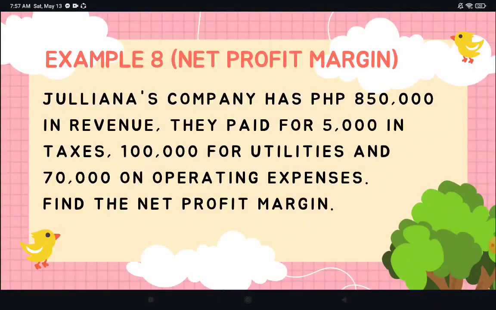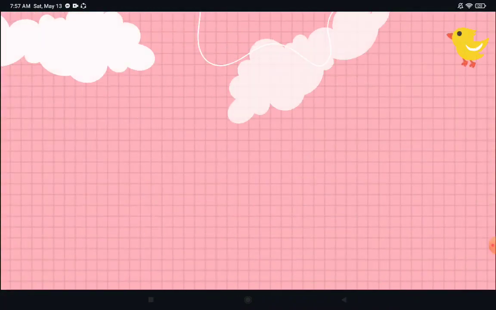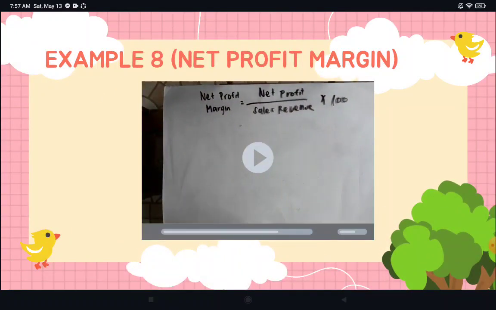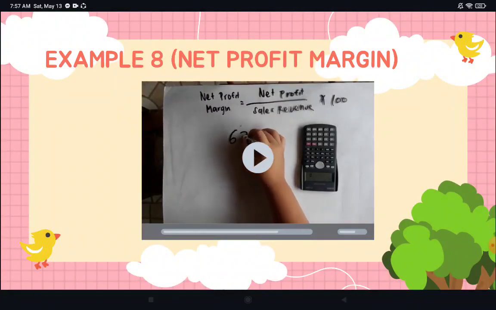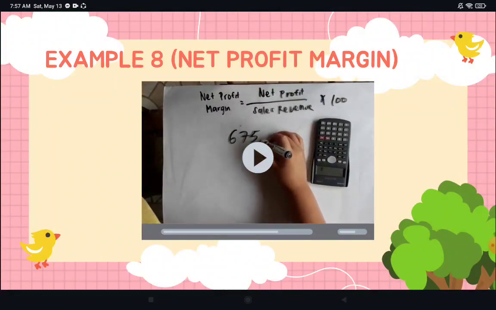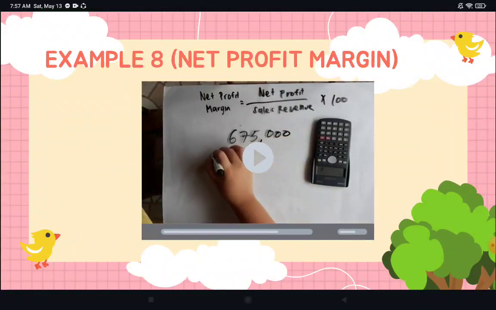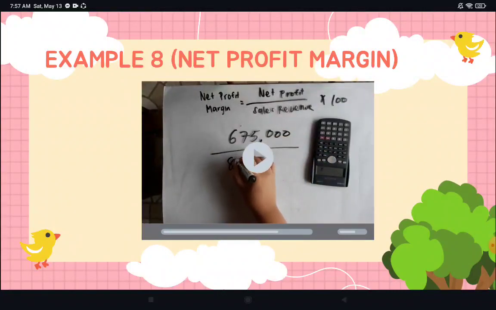Same problem, pero ang hinahanap naman natin dito is net profit margin. Juliana's company has 850,000 in revenue. They paid 5,000 in taxes, 100,000 for utilities, and 70,000 on operating expenses. Find the net profit margin. So, net profit margin equals net profit over sales revenue times 100. So, ang nakuha nating net profit kanina is 675,000.